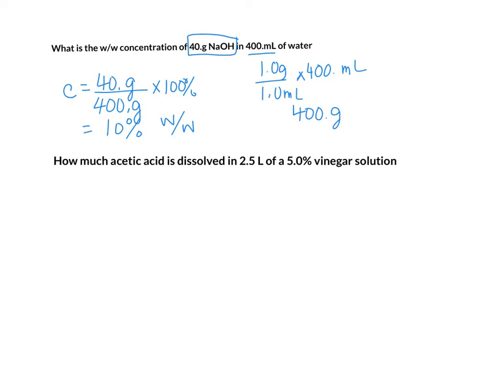So we've got 5% concentration. That's our c. We've got 2.5 liters, but we need milliliters because it's a percent, so we have to multiply that by 1,000. And now we can set up our solution.